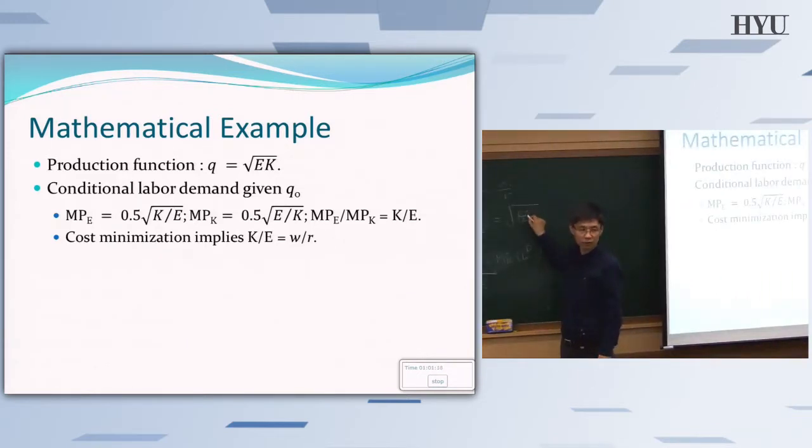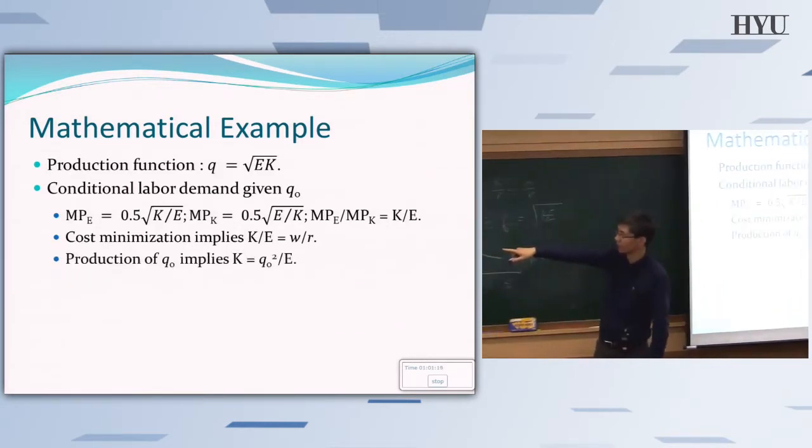Two conditions should be satisfied at the same time. That basically means K should be equal to Q0 squared divided by L.